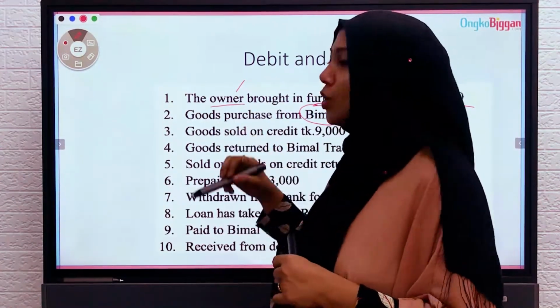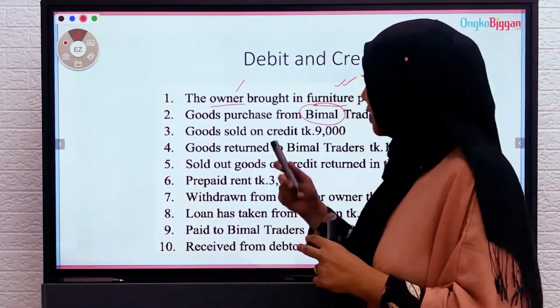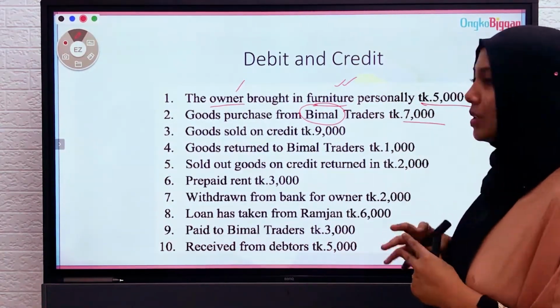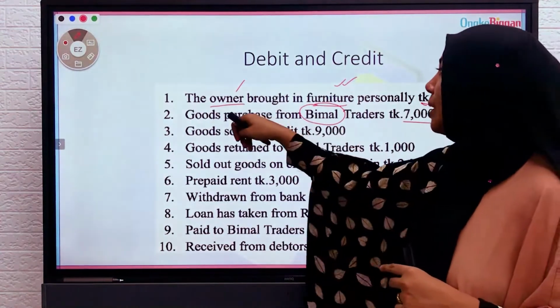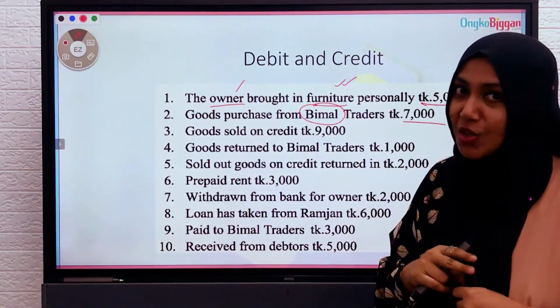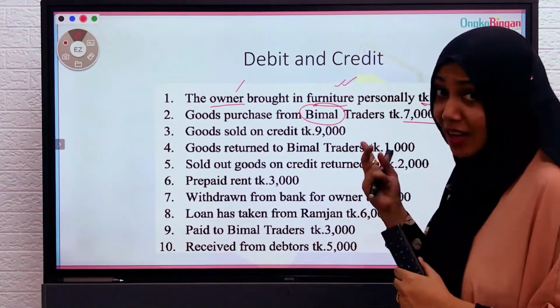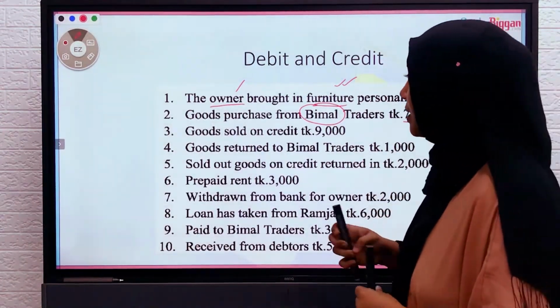So you purchased the goods, this transaction is on credit. Name is given, Bimal Traders, 7,000. As the name is given, for the purchase, what has increased? Debtor or creditor? Think and then write, make a journal of that.